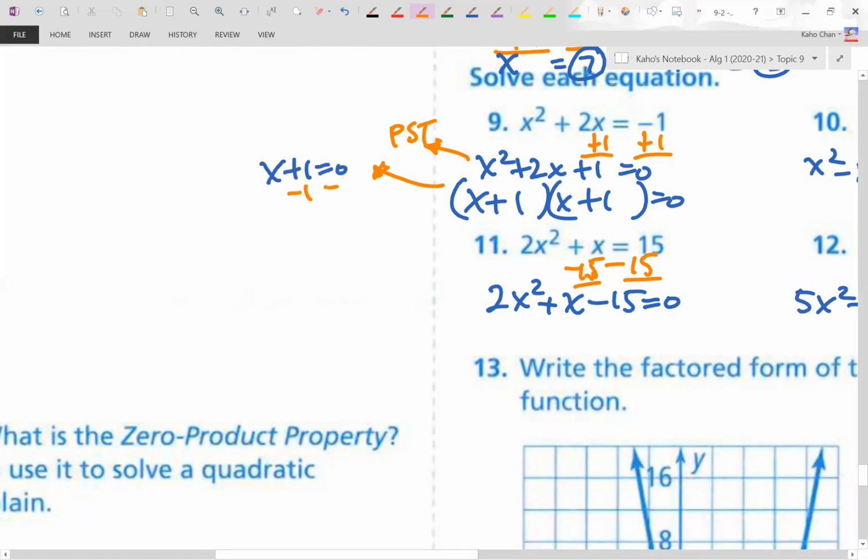Subtract 1 from both sides. And there it is, my double root at -1 for a parabola that opens up because of the a value, and it touches at -1. If you really wanted to draw one, you could just do this right there. There's what it would look like, number 9.